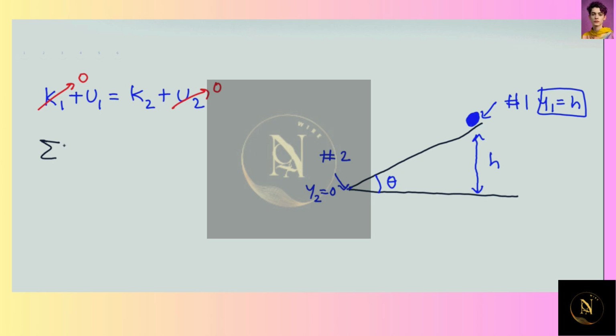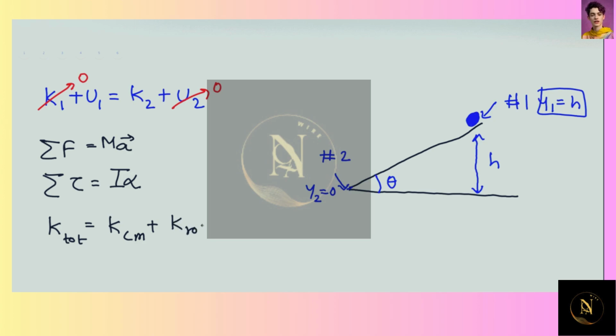We'll be using F equals ma for the translational part, and for the rotational part we'll be using tau equals I times alpha. So that's when we do the force calculation. For the kinetic energy calculation, we'll have total kinetic energy, which is a combination of translational kinetic energy plus rotational kinetic energy.